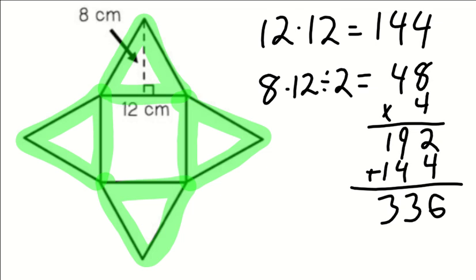We got 336. So I don't have it up here on the board or anything, but that girl working out that problem, her mistake was I think she forgot 2 of the triangles. Any questions on that? See, not so bad, right?